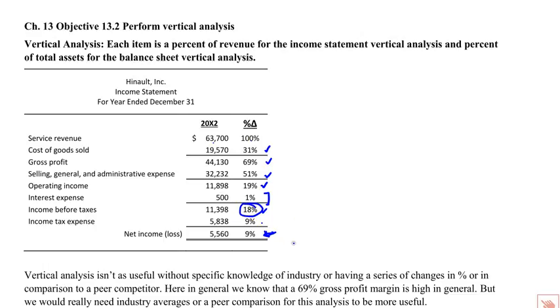So you're retaining 9% of your revenue as income. And that is an okay number, just in general. But once again, if you're in a specific industry and you have a specific history of this firm and its competitors, this analysis becomes very much more useful.